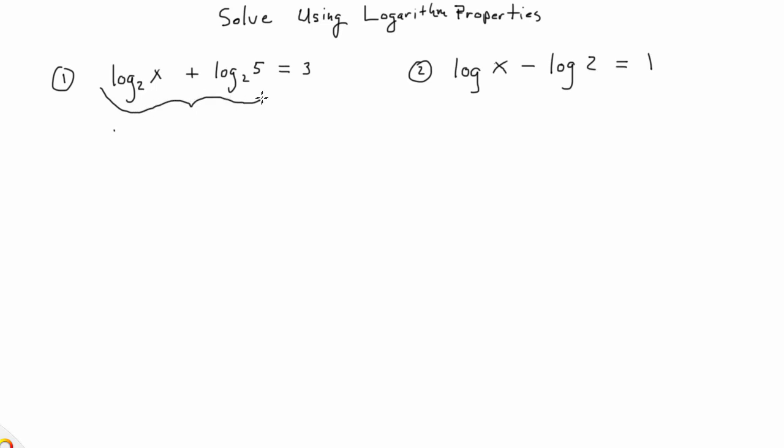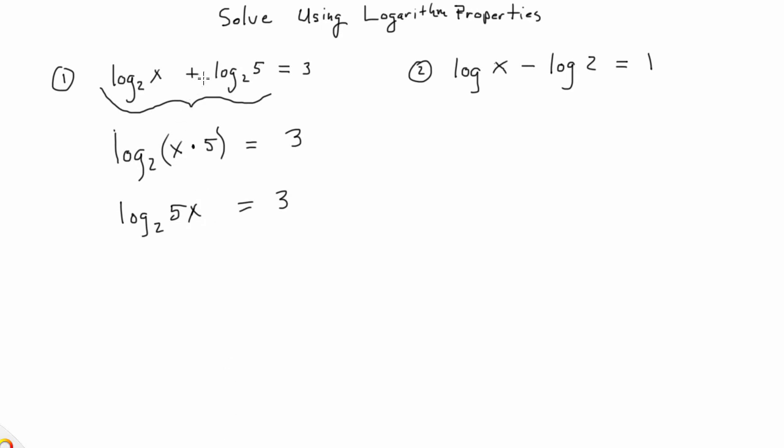Now we have some more room on this page here, so I'll write a little bit more work here. So this turns into log base 2 of the first number, x, times the 5, and that will be equal to 3. Now I don't like this x times 5, so I'm just going to rewrite it as 5x is equal to 3.